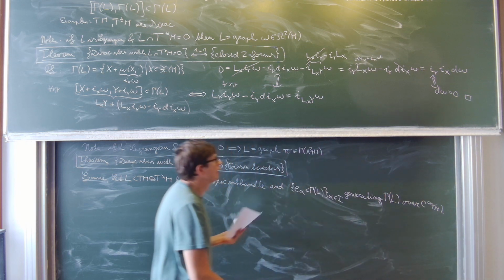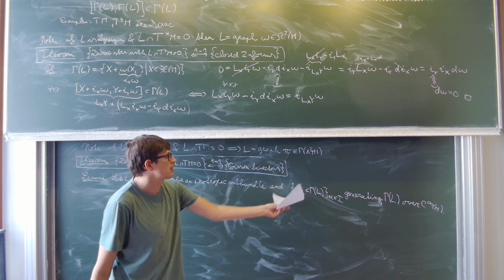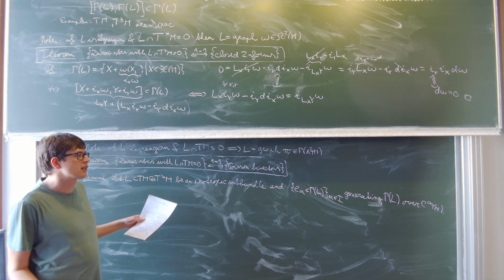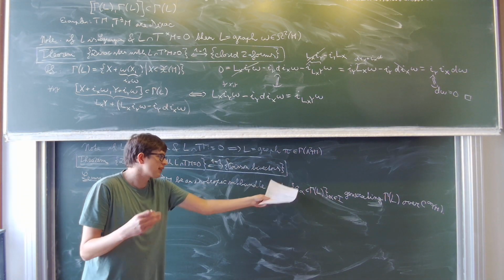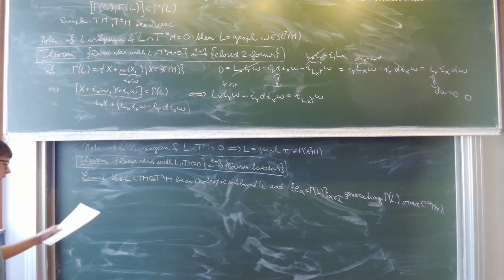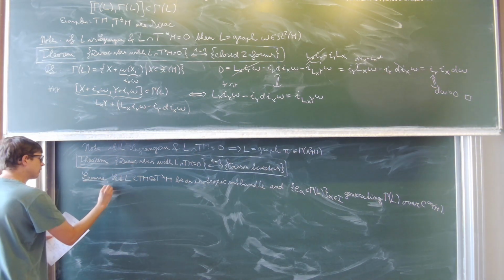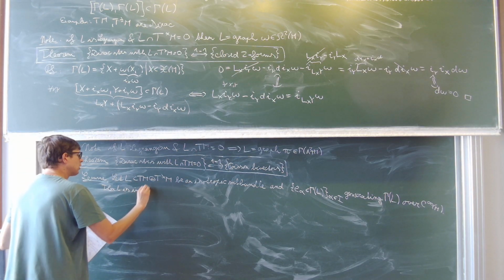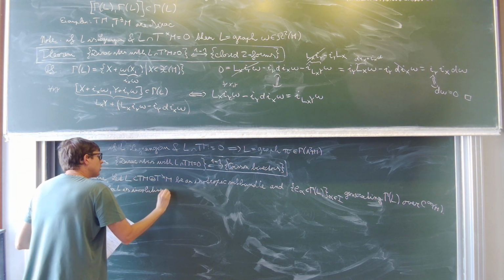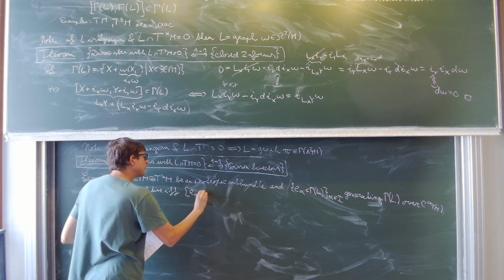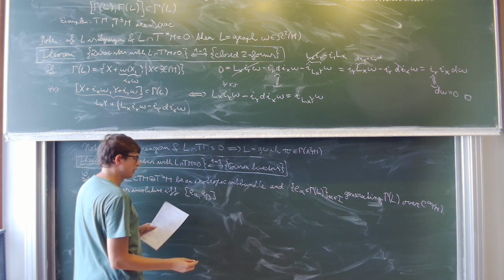I just mean give me enough of these things such that any section of the bundle I can express as some of these guys multiplied by some functional coefficients. Then the claim is that L is involutive if and only if it's involutive on these guys. So it's enough to just check this generating set.